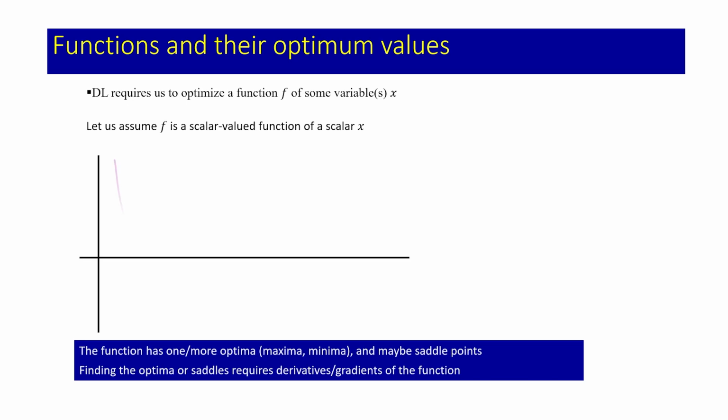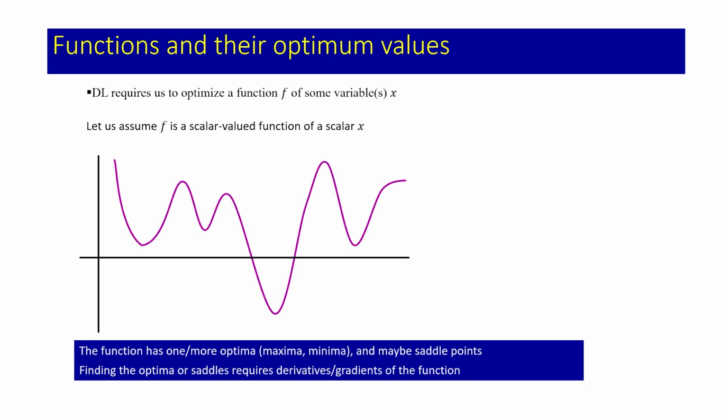So, if I have f as a scalar valued function in x, and it looks like this, you could clearly see there are many maxima and minima. There is a local minima here, there is another one there, there is another one there, and this is the global minima, right.